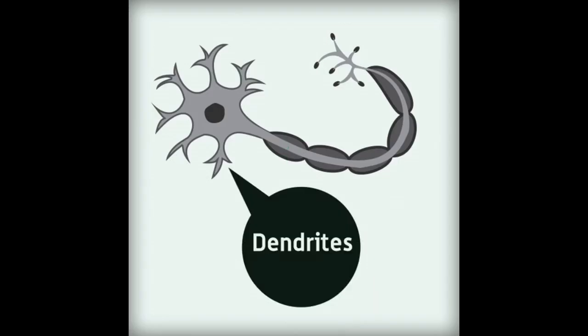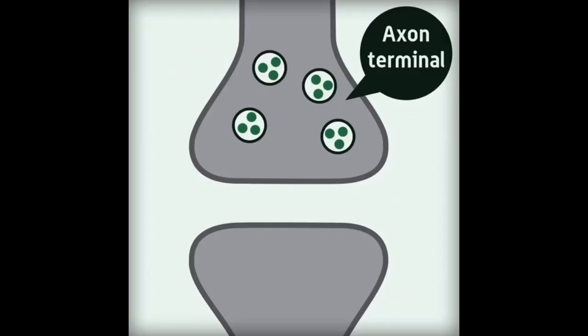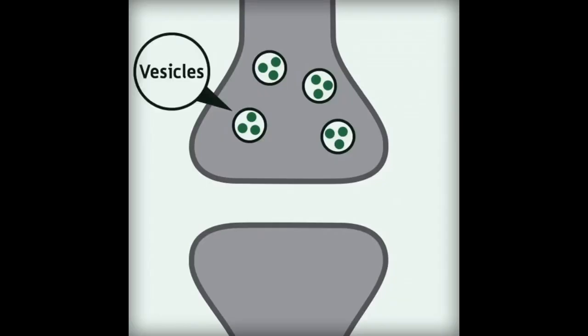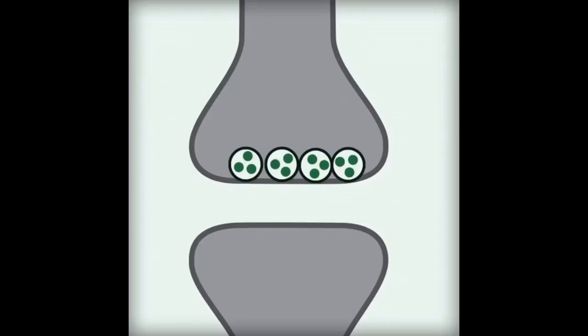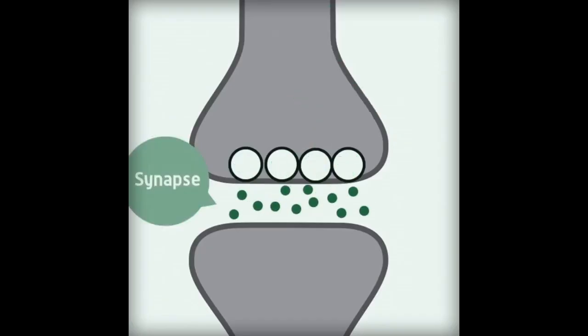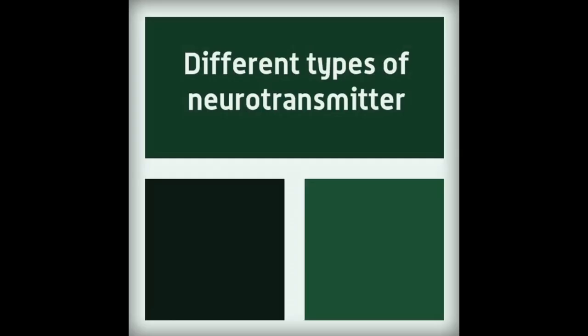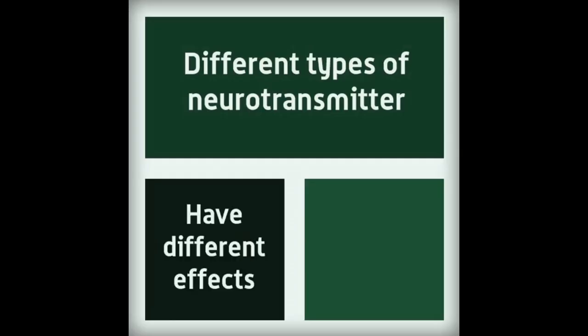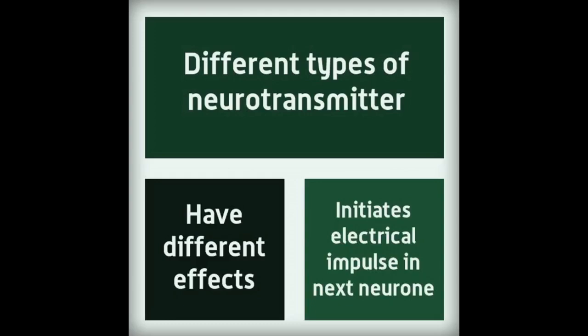When the electrical impulse reaches the terminal of the axon, it causes vesicles in the axon to move to the outer edge and release neurotransmitters into the synapse. Different types of neurotransmitter have different effects, but we're going to talk about a neurotransmitter that initiates an electrical impulse in the next neuron.